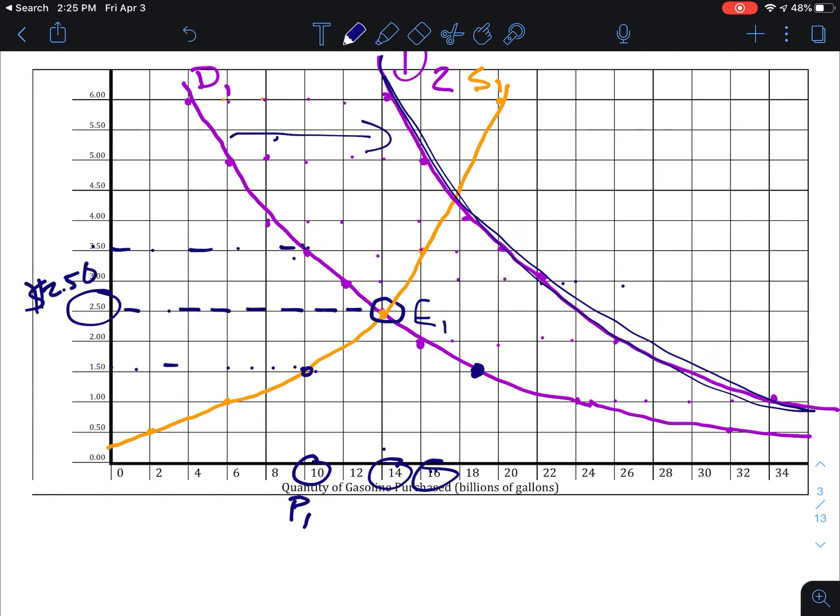What I'm asking you to do is to find the new equilibrium point where D2 meets S1, and that is about here. That should make a good deal of sense to some of you, because if you shift the demand curve for toilet paper to the right, and people want more of it at all possible prices, then what you're going to see is a rise in price of toilet paper.